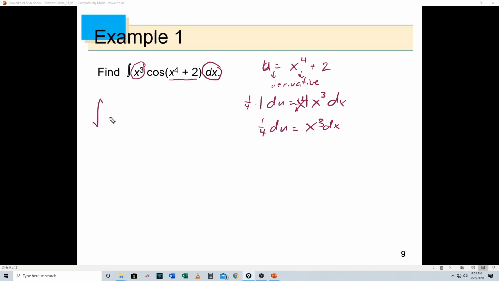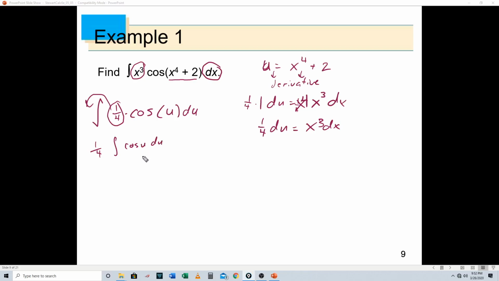So we integrate, and we have 1/4 cosine u du. Now, if you remember the rules about integration, any constant being multiplied through, we can just leave outside the function: 1/4 integral of cosine u du.